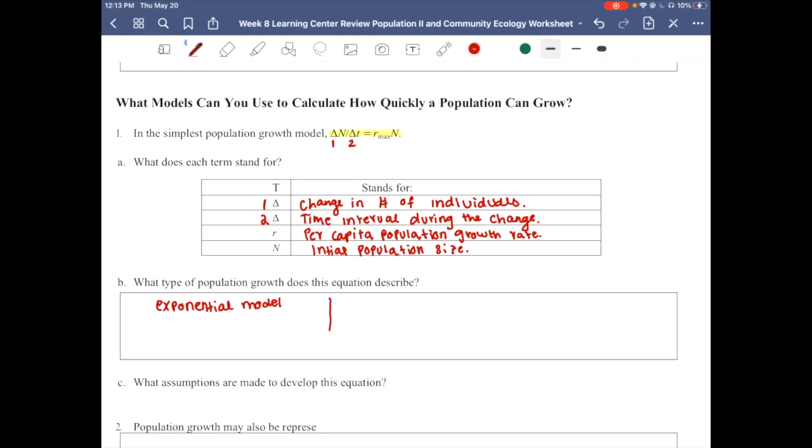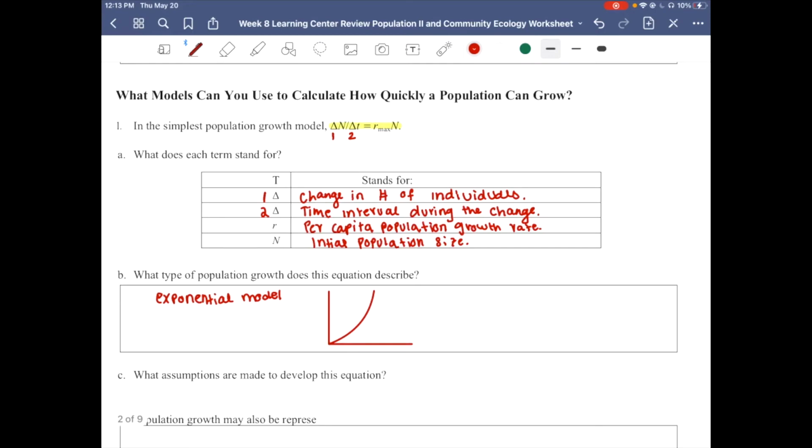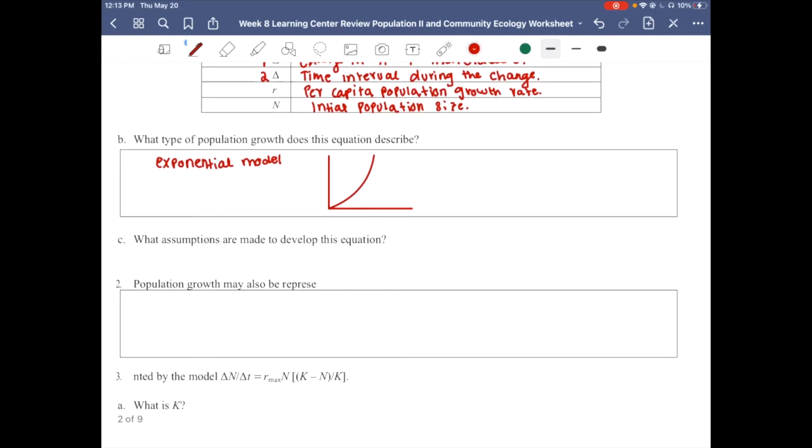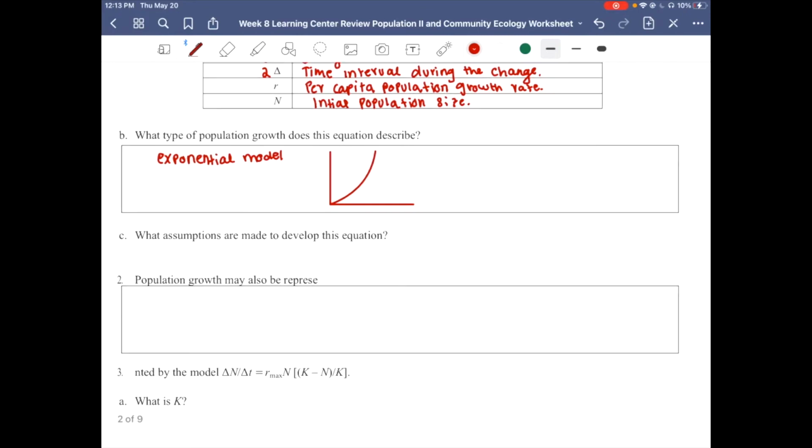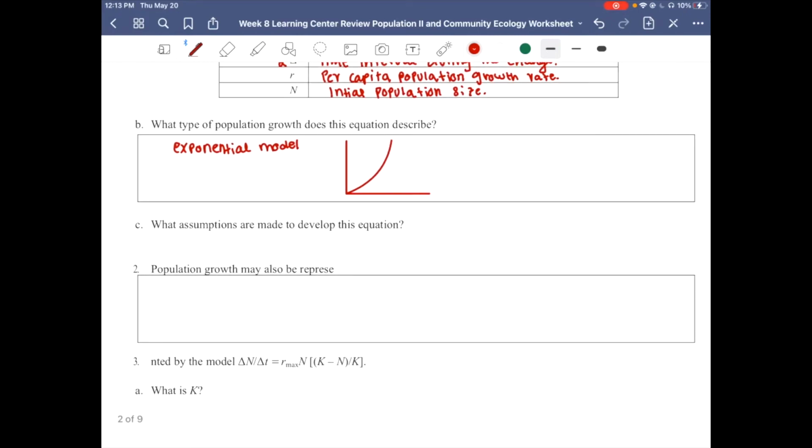And this is how it usually looks. It's going to look like this. It looks like the words are a little cut out here, so this part is supposed to be right here. So the questions would say population growth may also be represented by this model.